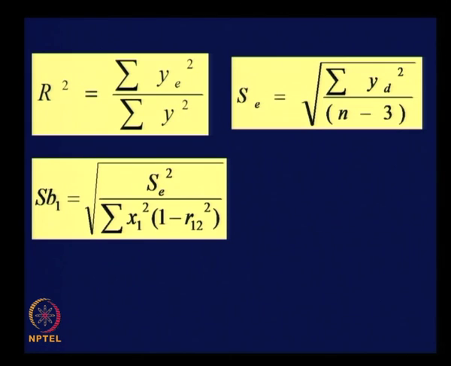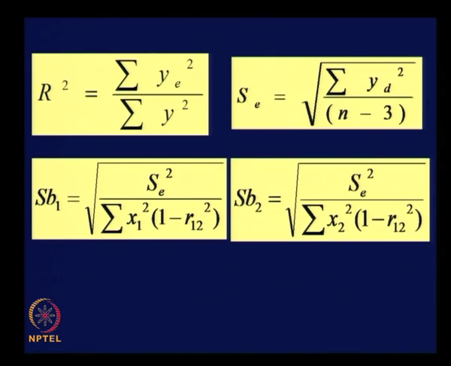So SEB1, E is not shown here, but you can understand this as standard error of estimate for regression coefficient 1. SB1 is square root of SE square divided by sigma x1 square into 1 minus R12 square, and SB2 is square root of SE square divided by sigma x2 square into 1 minus R12 whole square.